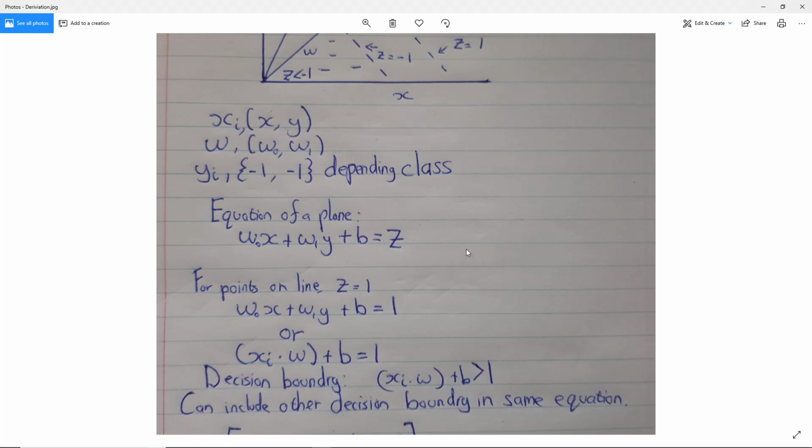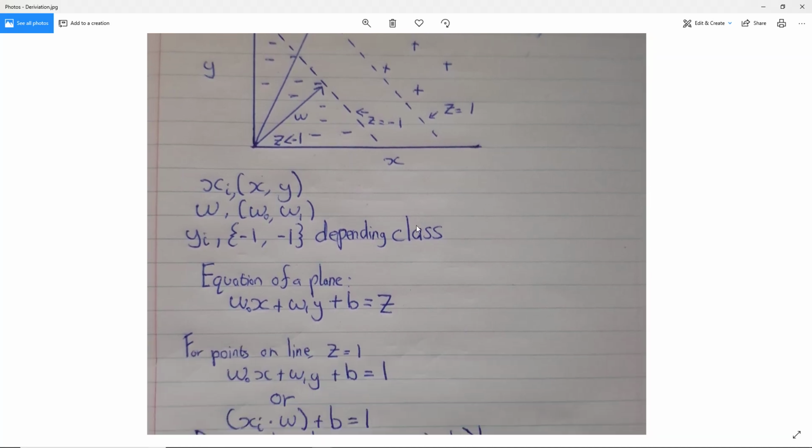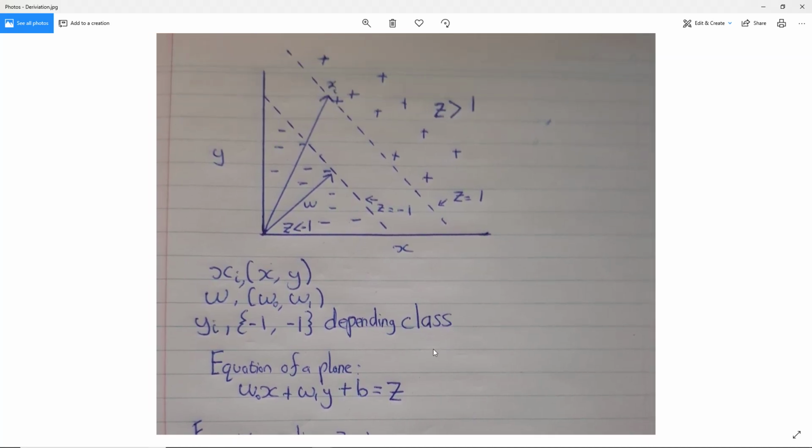What we're basically saying is all our data points on the positive side have to be greater than or equal to 1, which basically means that their z component has to be greater than 1. That constrains our positive values, but we also need to constrain our negative values as well. So that's one decision boundary.